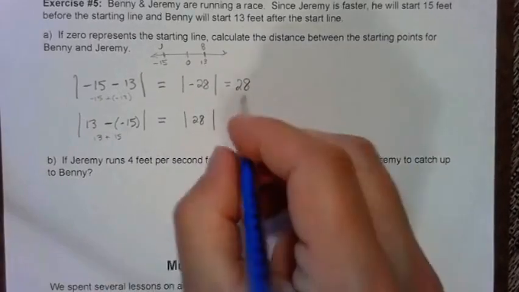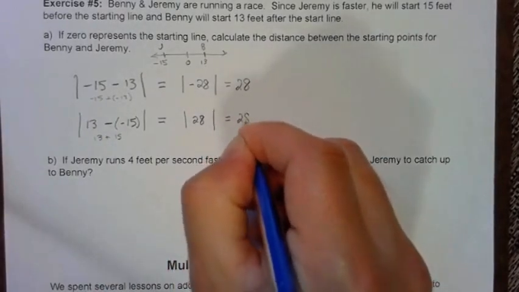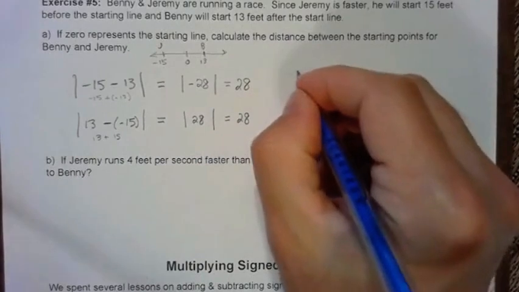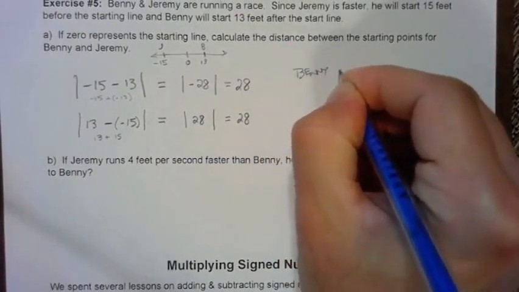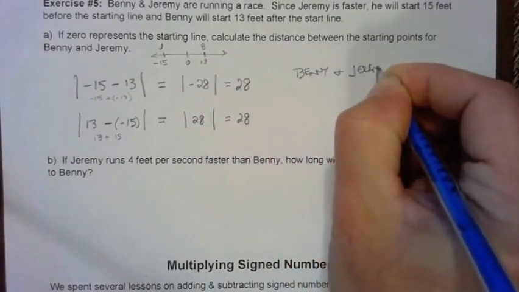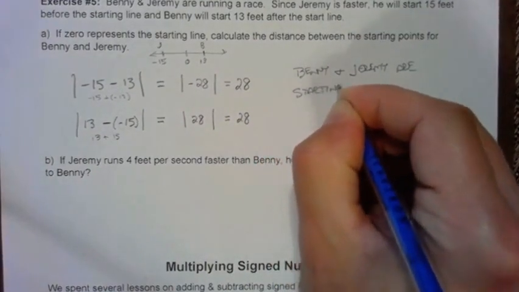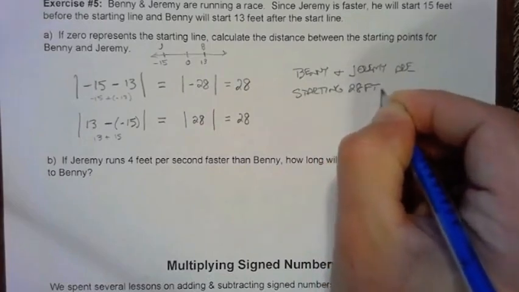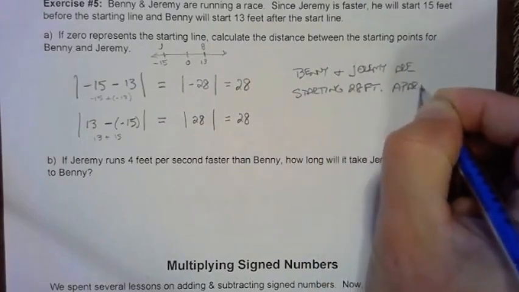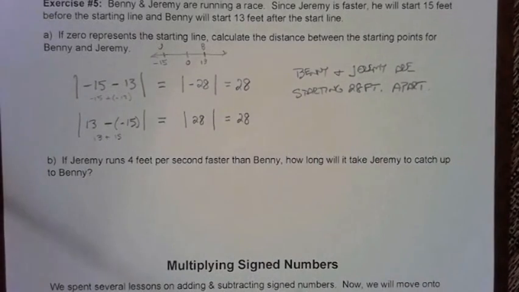And the absolute value of 28 is 28. Okay, so Benny and Jeremy are starting 28 feet apart from each other.